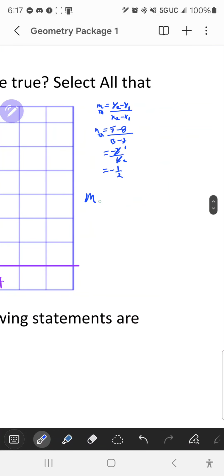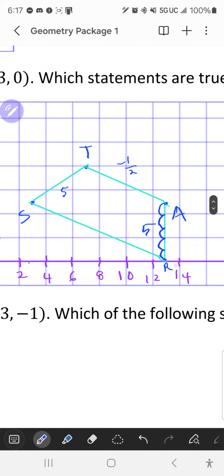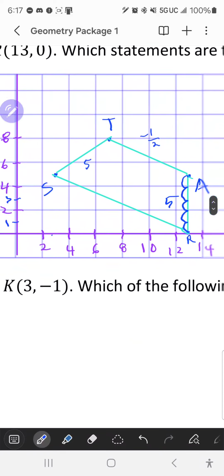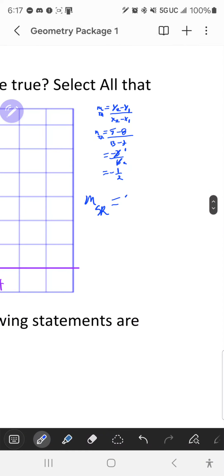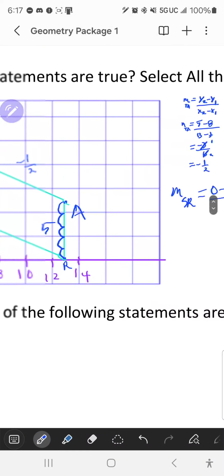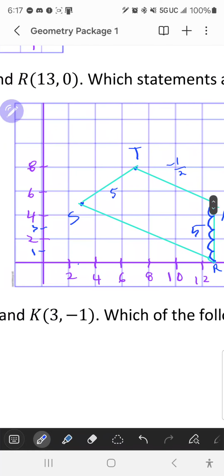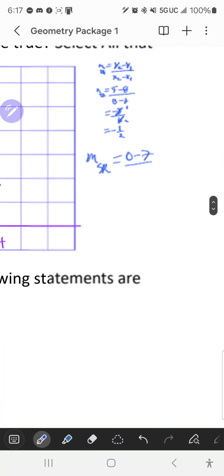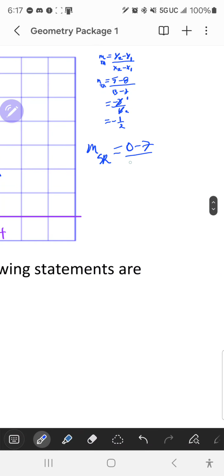For SR, we do the same. So it will be 0 minus 7 over 13 minus 3.